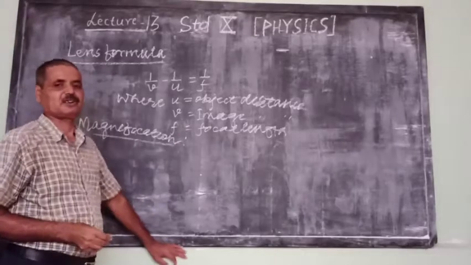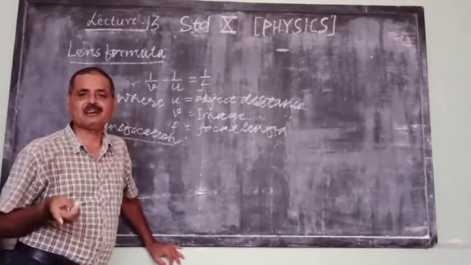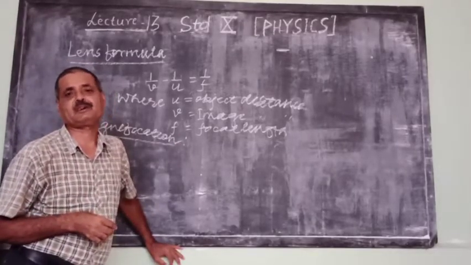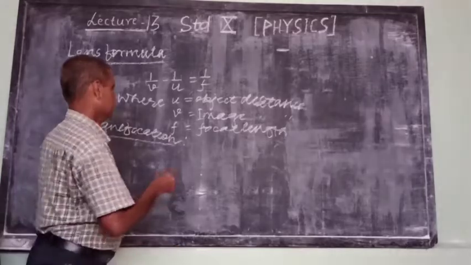It is the ratio of the height of the image to the height of the object.